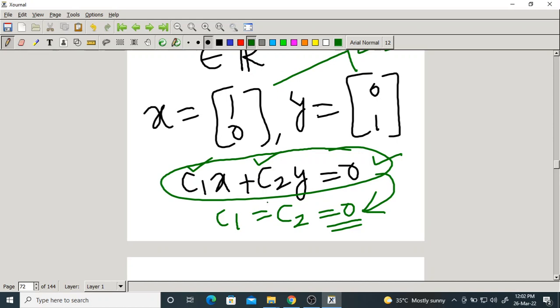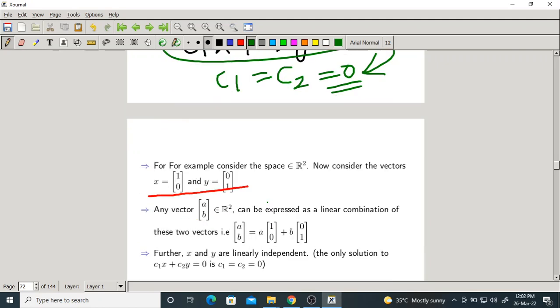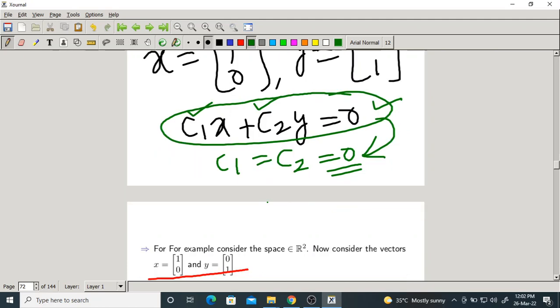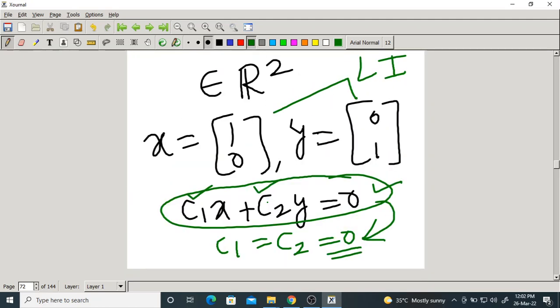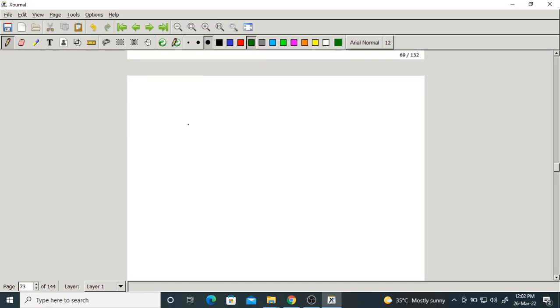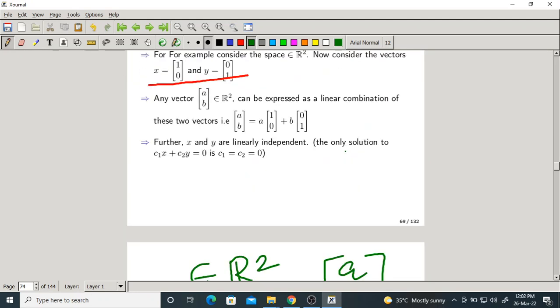Now these two happen to be linearly independent, so they can be called basis vectors. Why? Because if you take any vector which belongs to R2, let us take AB, how do we represent AB?